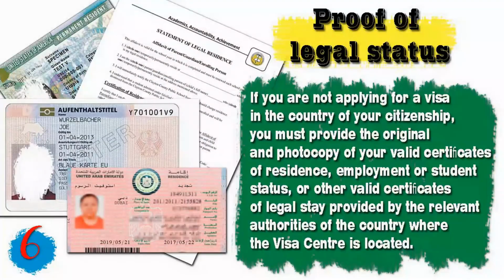If you are not applying for a visa in the country of your own citizenship, you must provide the original and photocopy of your valid certificates of residence, employment, or student status, or other valid certificates of legal stay, provided by the relevant authorities of the country where the visa center is located.